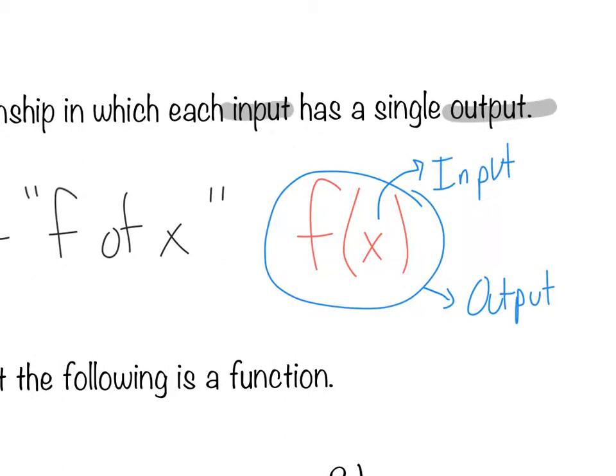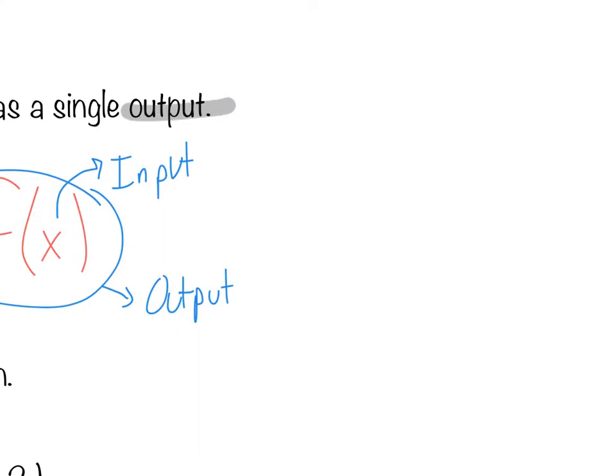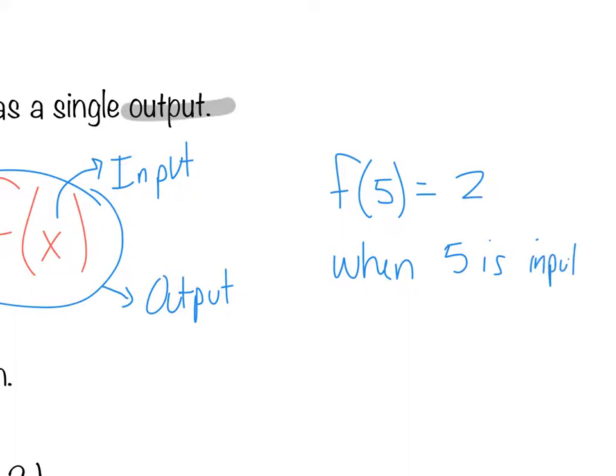So, for example, if I have f of 5 equals 2, that means when 5 is inputted, the output is 2.